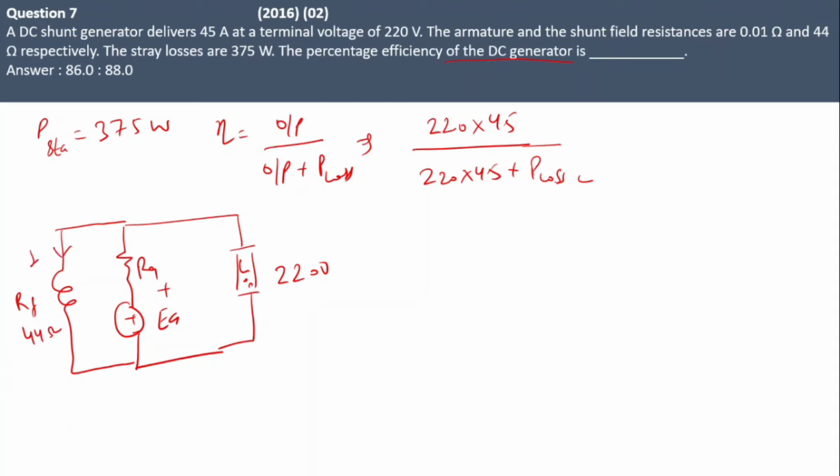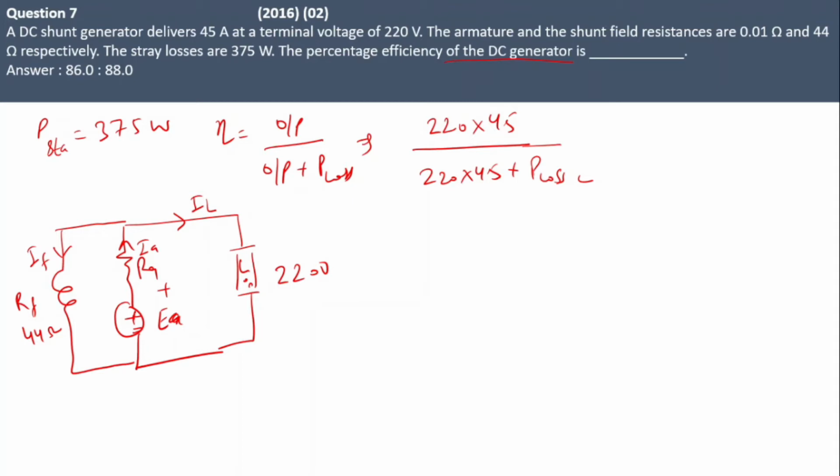So this is IF. Who will supply this IF? This armature voltage Ea will supply this IF, and this is Ia, and this is load current IL. So Ia equal to IF plus IL.